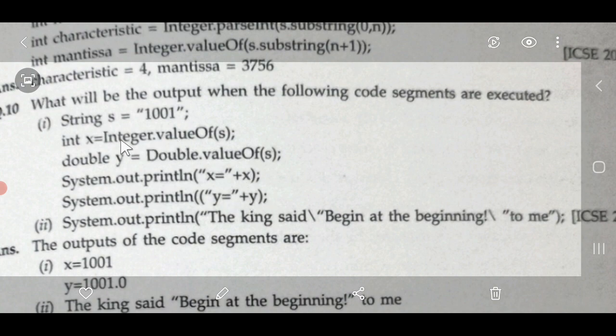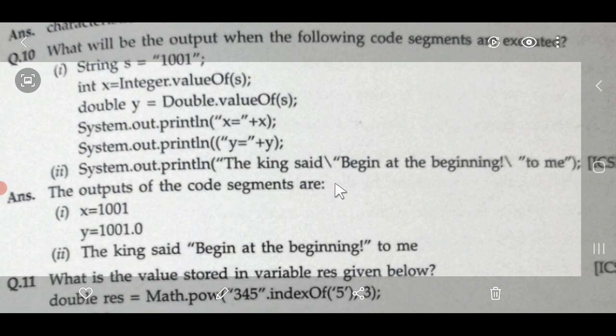So x will have 1001, and then y is Double.valueOf(s). That string is passed here and converted to double type, because valueOf has been called with the double type. So y will contain 1001.0. Okay, that is a difference, because that is going to be stored in the double data type. That's a result of typecasting.